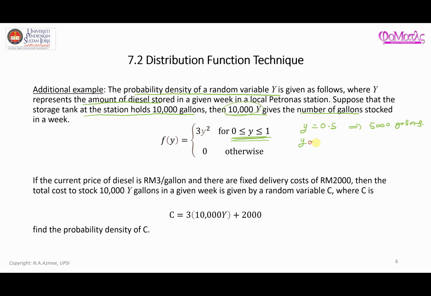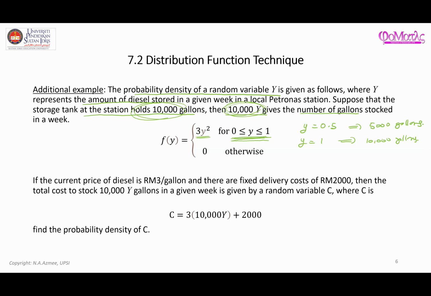Of course, if y is equal to 1, the maximum value, then you will have 10,000 gallons, and that is the maximum the station can hold. And when y is 0, that means the station doesn't have diesel at all. So that's the relationship between y and this part here, 10,000y. And the PDF is given by this one, and the rest is going to be 0.